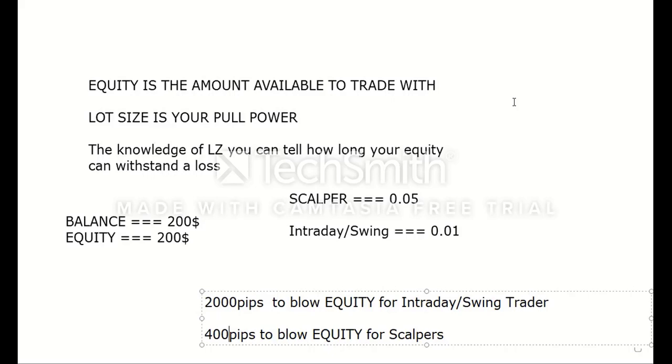So either as an intraday and swing trader, or a scalper, the minimum stop loss I expect you to have is 15 pips, and your maximum SL should be 40 pips. Let me give you an example of using the SL max, that's the maximum SL of 40 pips.